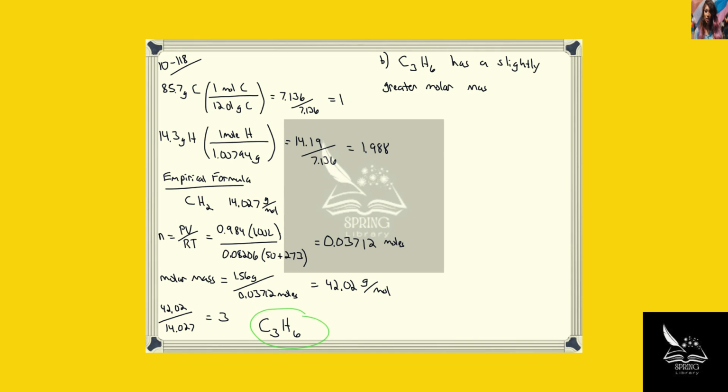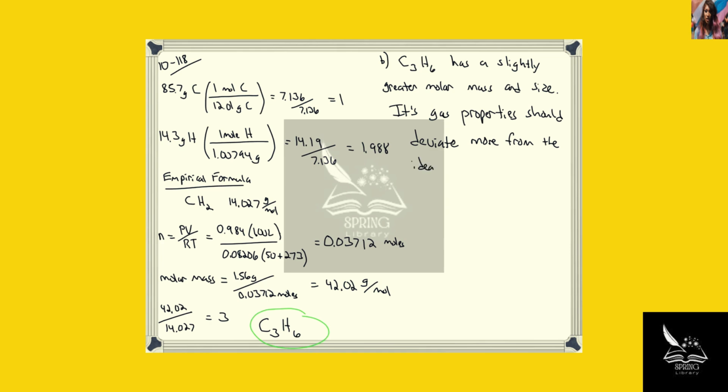So because it has a greater molar mass, it potentially has greater intermolecular forces, and because it is larger, it has a larger volume. So with a larger volume and potentially greater intermolecular forces, its behavior is going to deviate more from the ideal gas law than argon would.